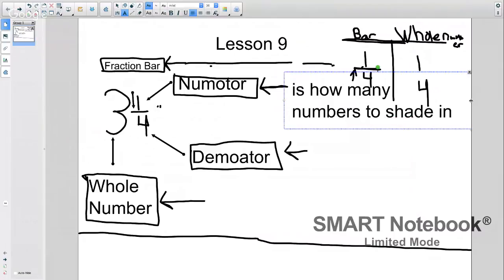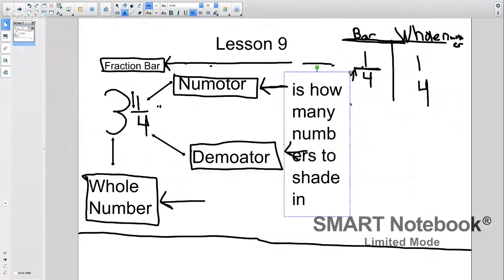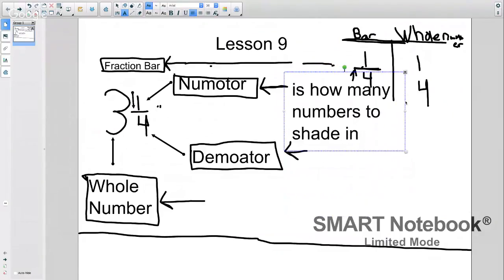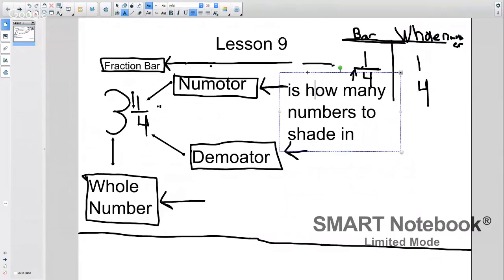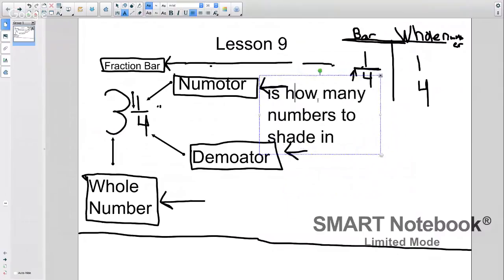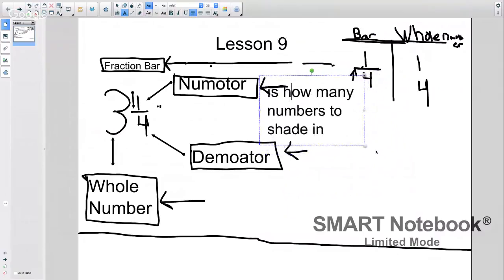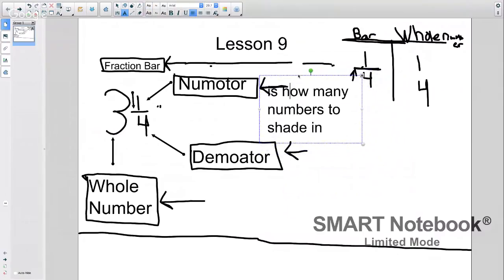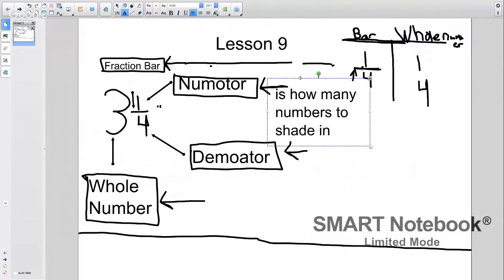And make it smaller. The denominator. Alright, so it's hard to explain, so I'm going to draw that.